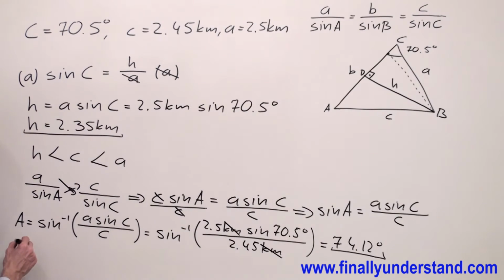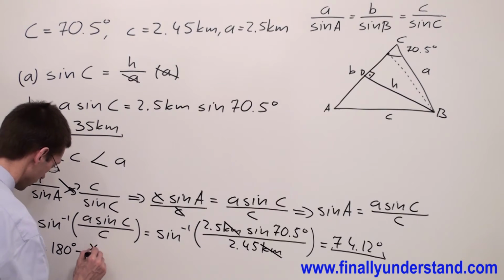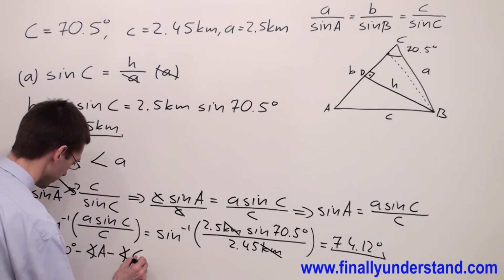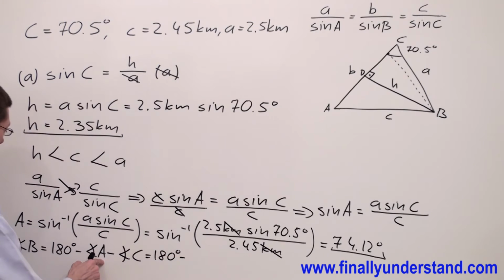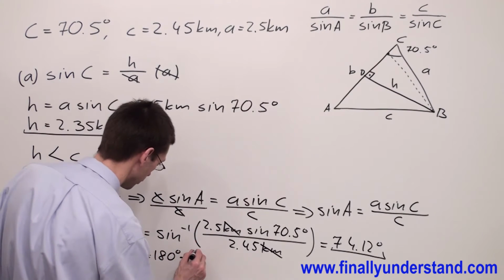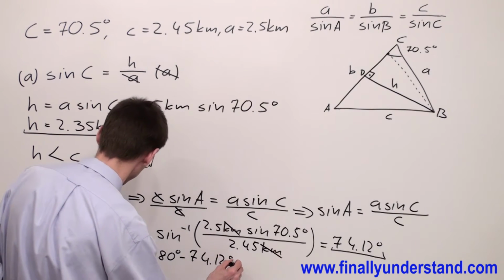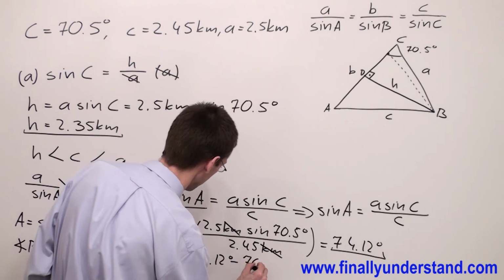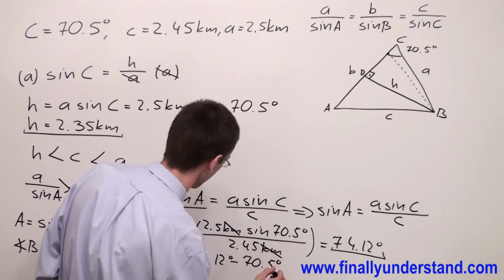So if you want to find angle B, you simply subtract angle A and angle C from 180 degrees. We have 180 degrees minus angle A, which is 74.12 degrees, minus angle C, which is 70.5 degrees.